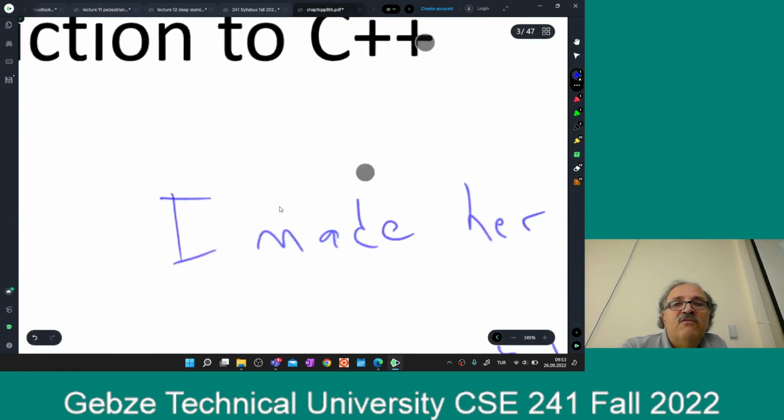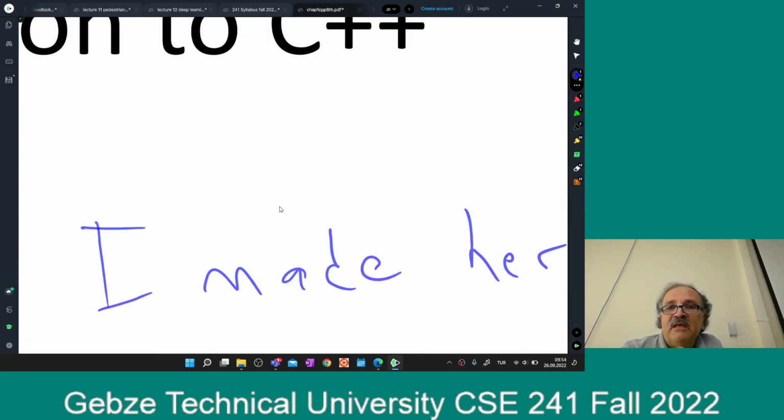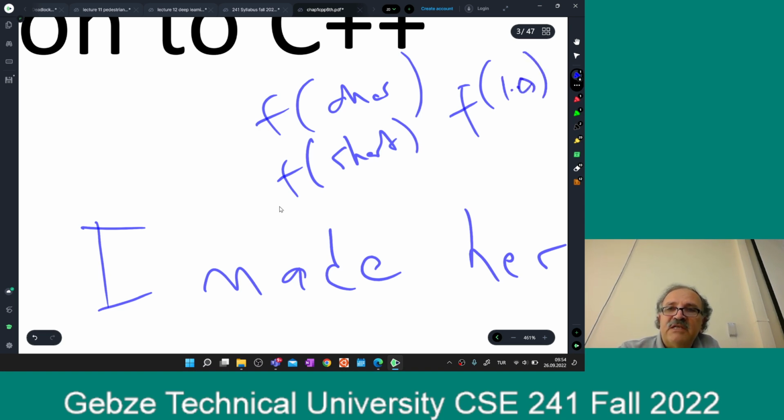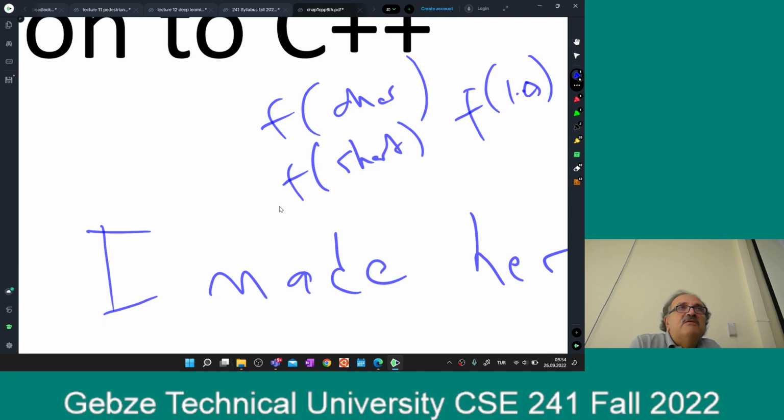For example, if I have a function that takes a character, and let's say I have another function with the same name that takes a short integer, and I am sending a double to this function, the compiler would not know if I would convert this double to a character or short. It's an ambiguous statement, so it says that I cannot compile this.